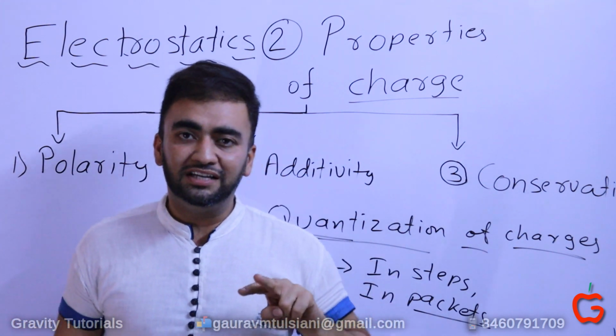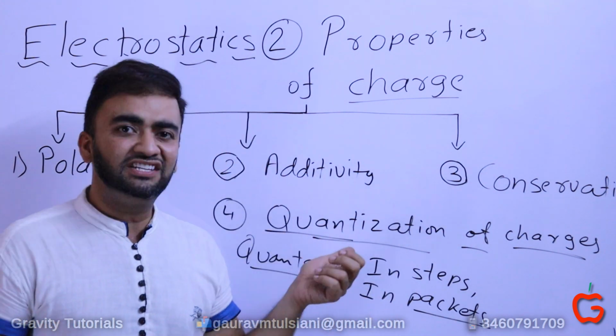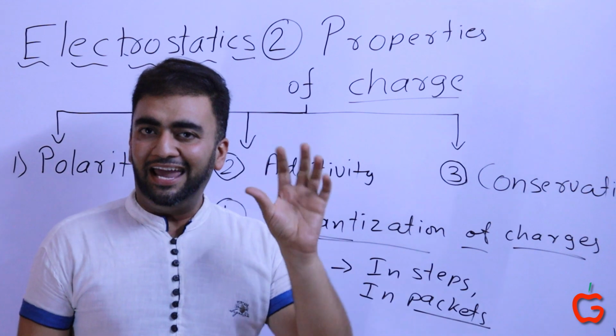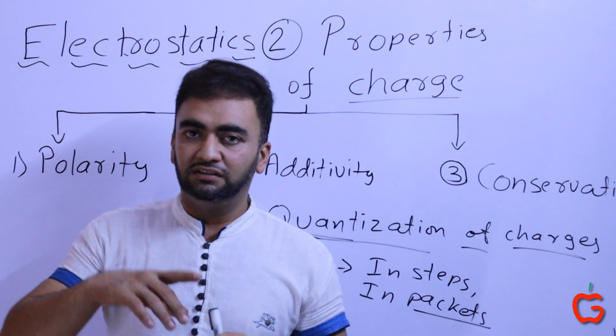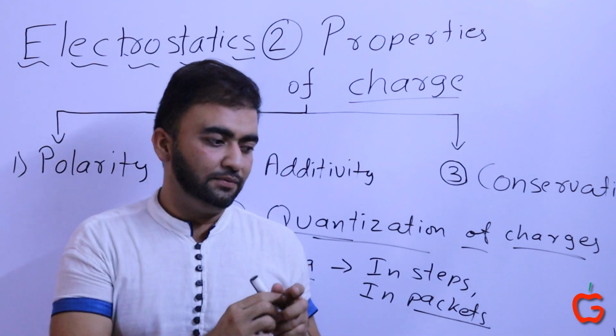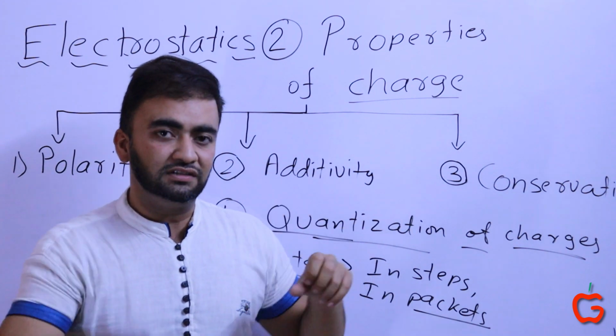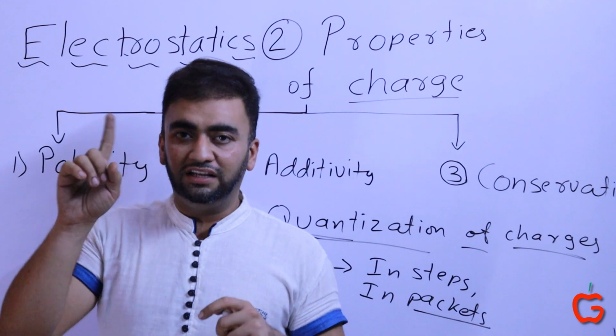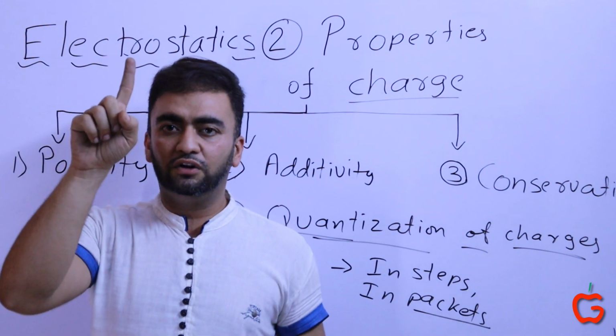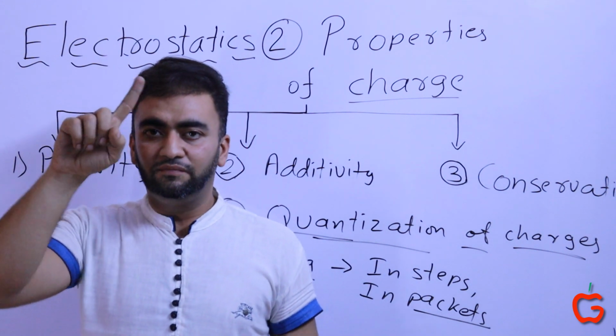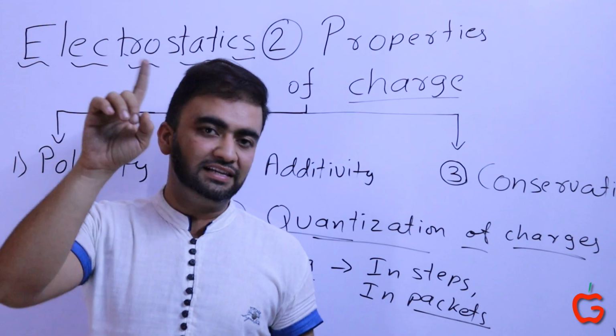We'll take two examples to understand quantization. Compare an analog clock, the tick-tick wall clock, with the digital clock in smartphones or smart wristwatches. In the wall clock, when the second hand goes from 0 to 1, it takes all the points between 0 and 1.